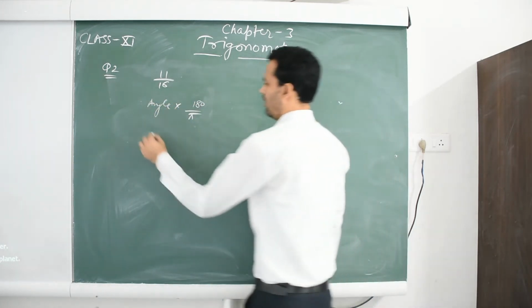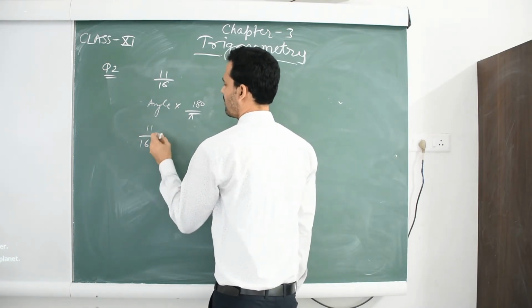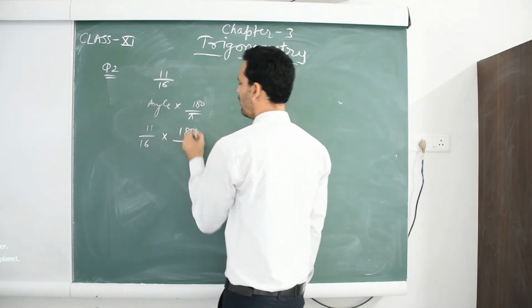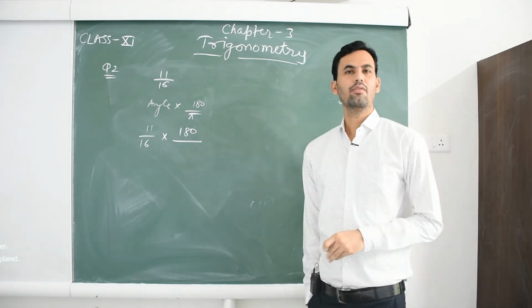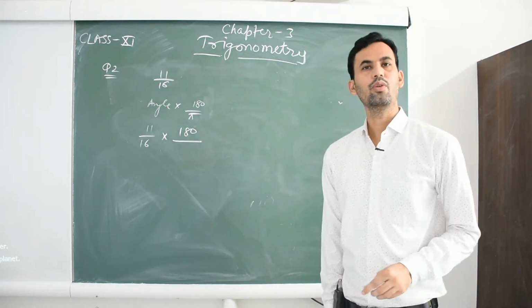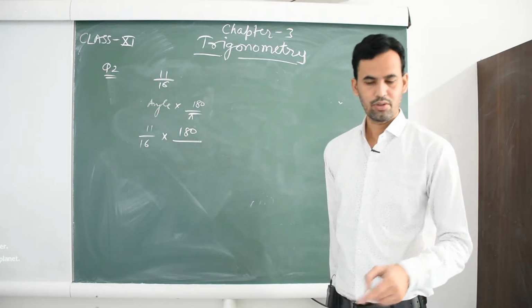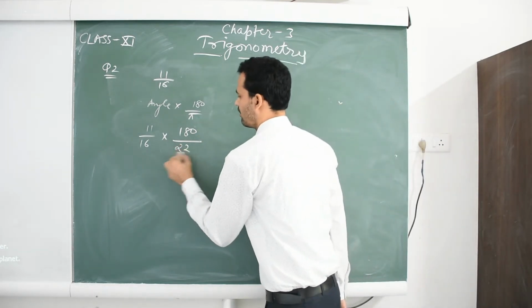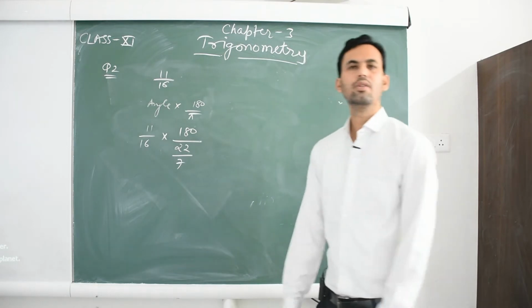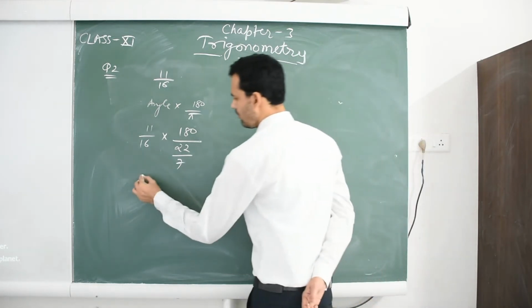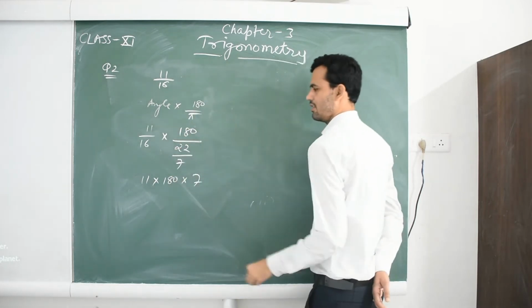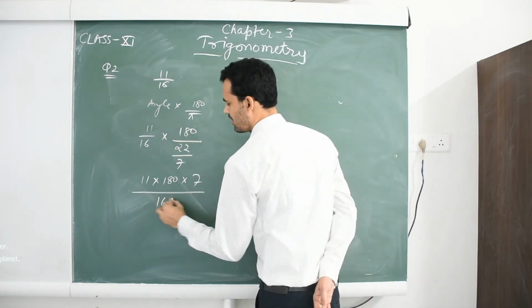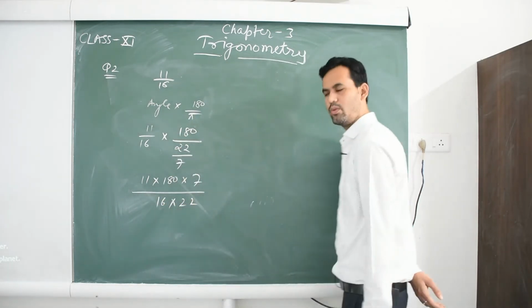Angle is 11 by 16 into 180 upon pi. Here we take the value of pi as 22 upon 7, as given in the question also. So we put it as 22 by 7. So 11 into 180 into 7, this 7 is in the numerator, and 16 into 22.